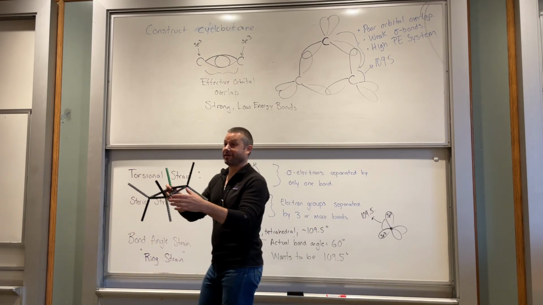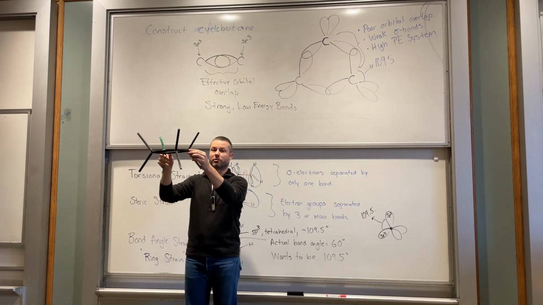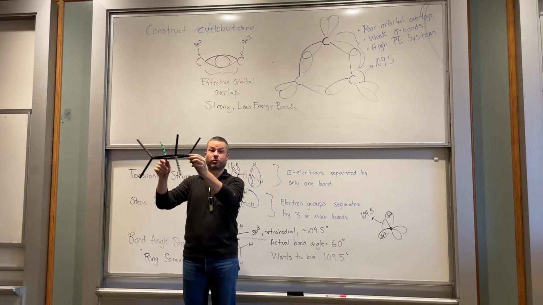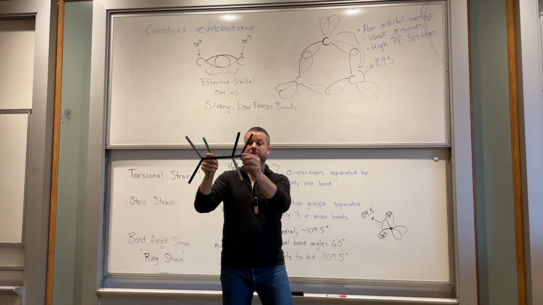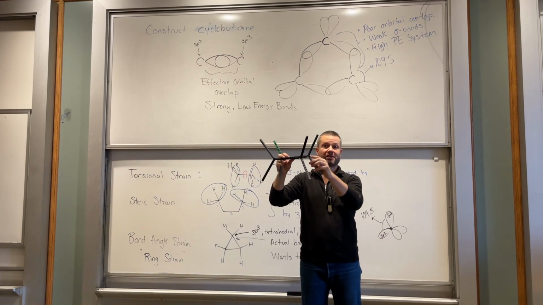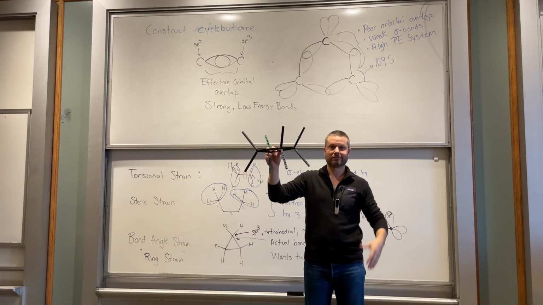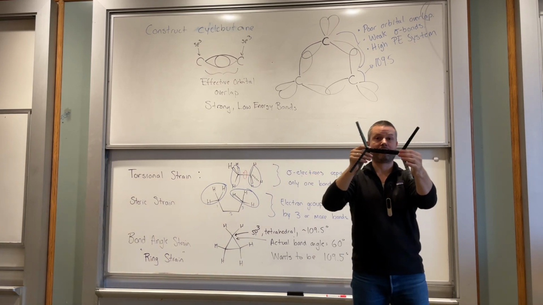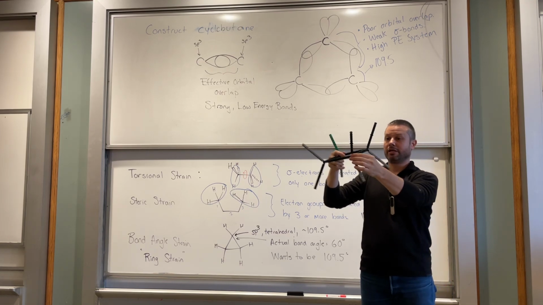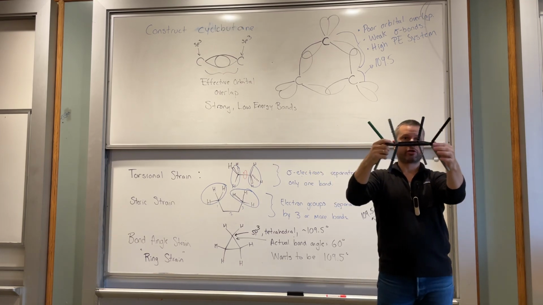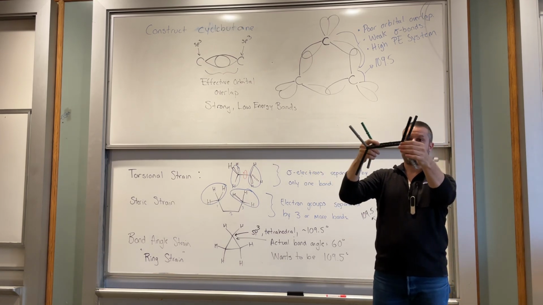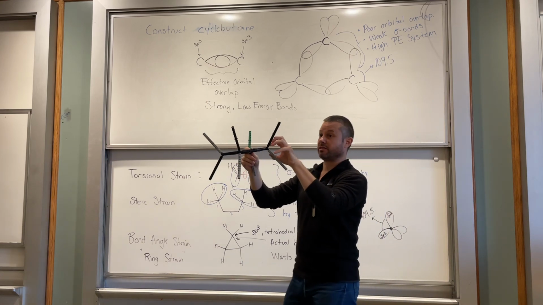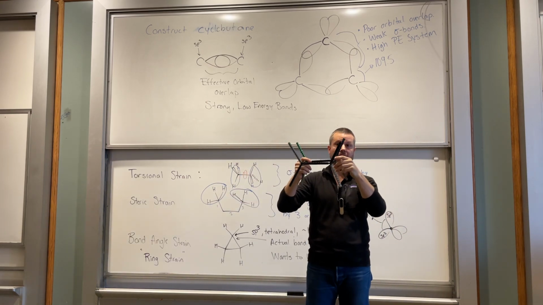Eclipsed, right? They're eclipsing one another, and when sigma bonds are eclipsing one another, they're as close together as they can be. Okay, so knowing that, who thinks there's torsional strain in this system? Good. Maximum amount, right? When this four-membered ring is planar, there's a maximum amount of torsional strain, because no matter which carbon-carbon bond you look down, each of the sigma bonds in the front are going to be eclipsing the sigma bonds in the back.